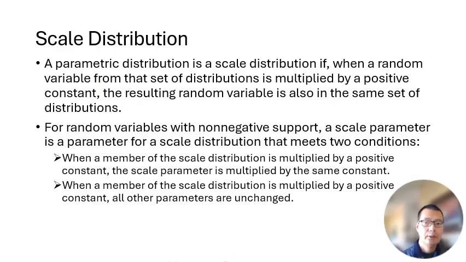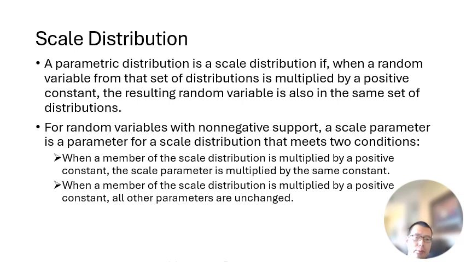Next concept that we are going to talk about is scale distribution. A parametric distribution is a scale distribution if when a random variable from that set of distributions is multiplied by a positive constant, the resulting random variable is also in the same set of distributions.